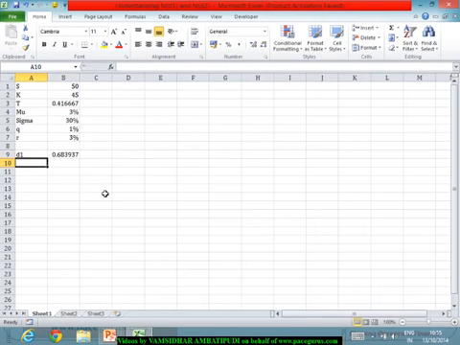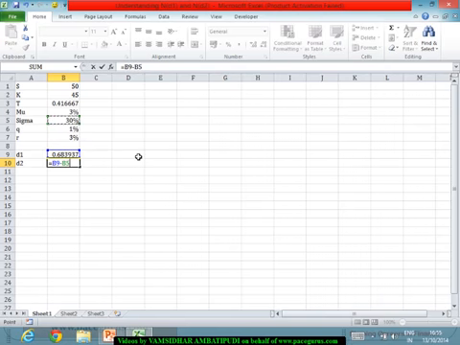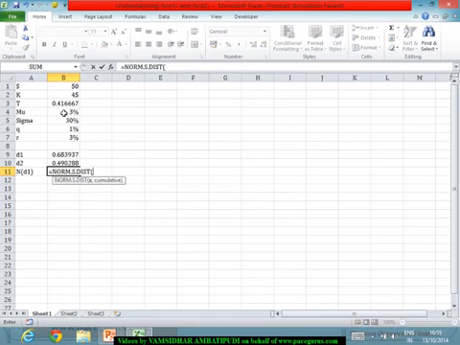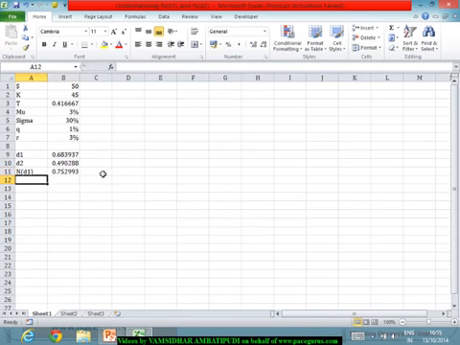And d2 is nothing but d1 minus sigma root T, sigma into the square root of T. So this is d1 and d2, and from here I get N(d1), the normal distribution associated with this particular value, giving me 75.29%.